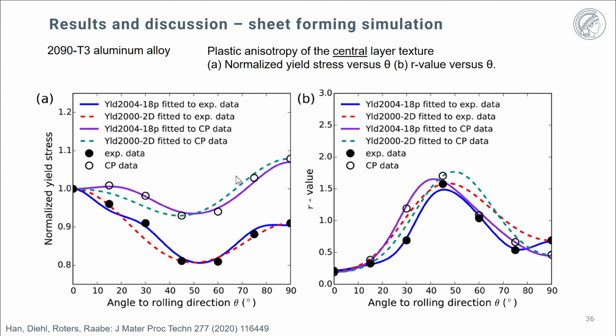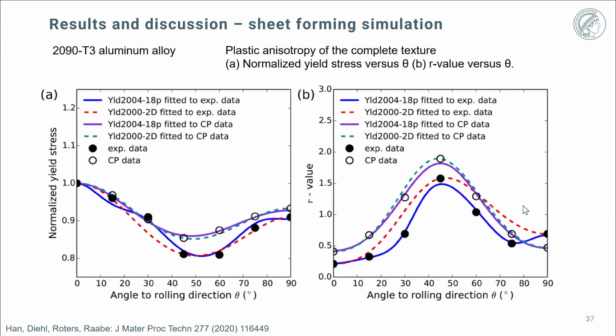And you see that you get a deviation between these two approximations. When you now, however, use a complete texture, which, as you remember, in some of the sheet materials can be different between the surface and the center, you get a much better agreement between the two.